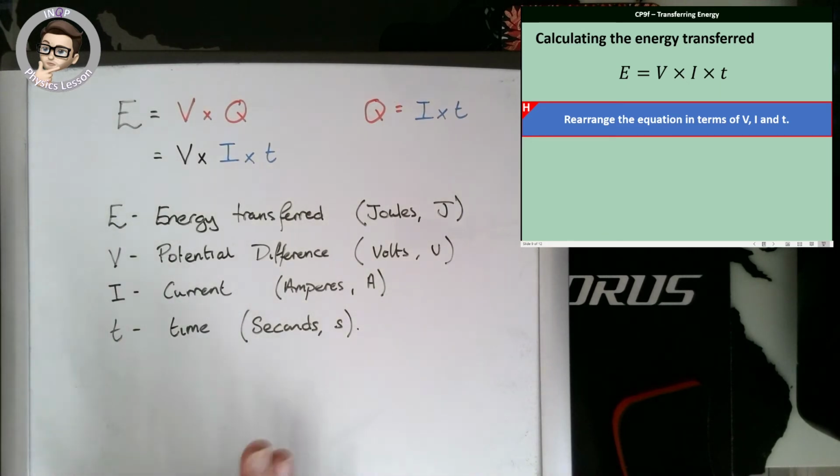So this will allow us to calculate that energy that is transferred.